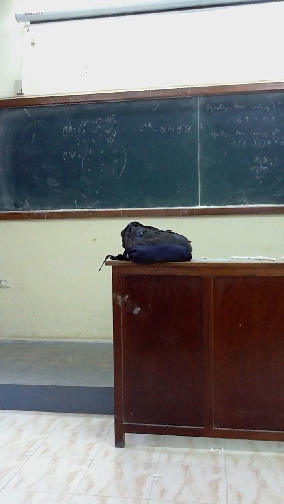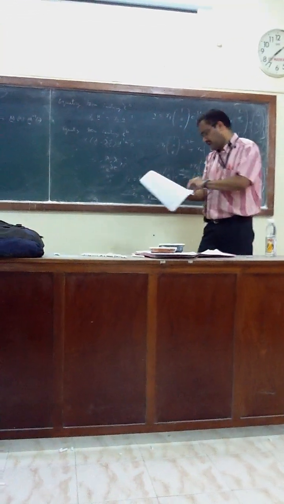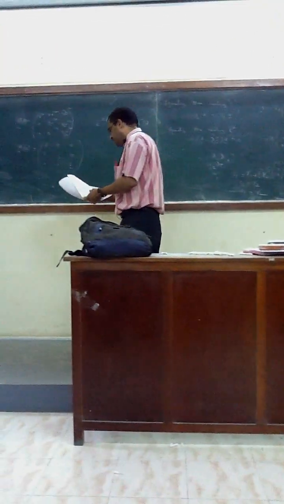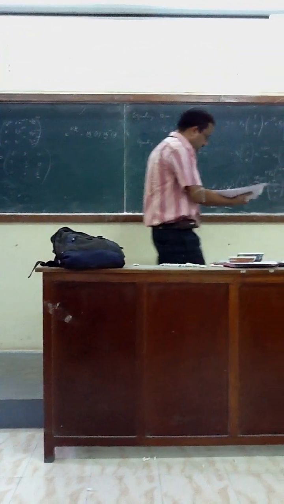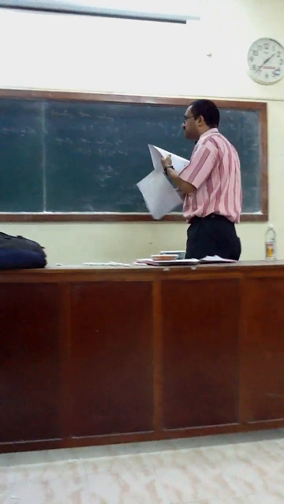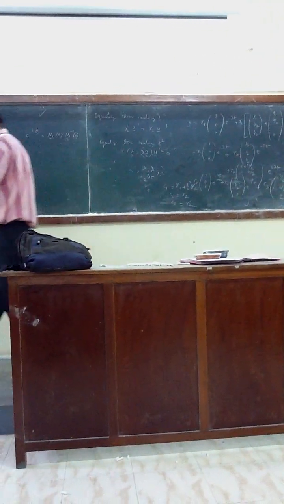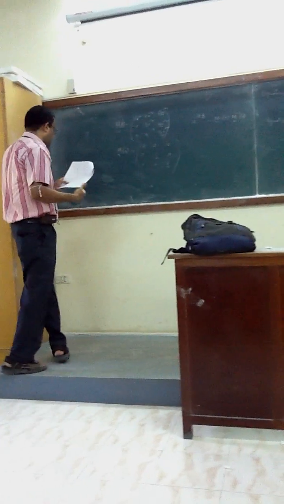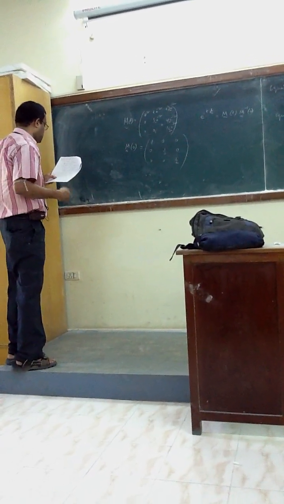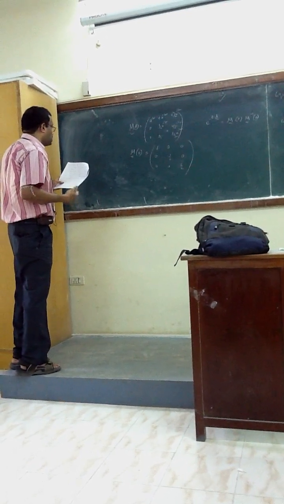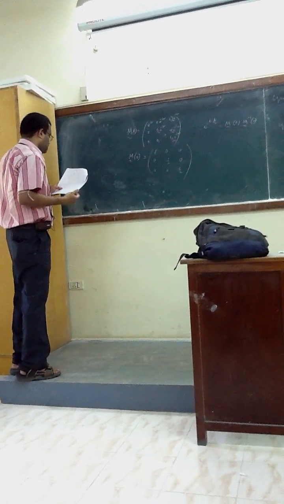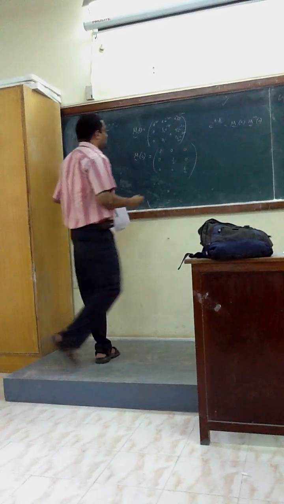My question is whether you are getting the final answer of e to the power tA. So M(t) is e to the minus 3t, t e to the minus 3t, half e to the minus 3t, t square by 2 e to the minus 3t, t by 2 e to the minus 3t, and half e to the minus 3t. M(0) is 1 0 0, 0 half 0, 0 0 half. What is M inverse(0)?